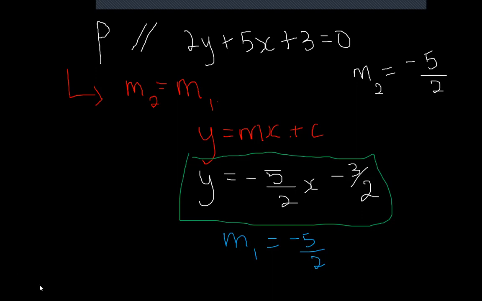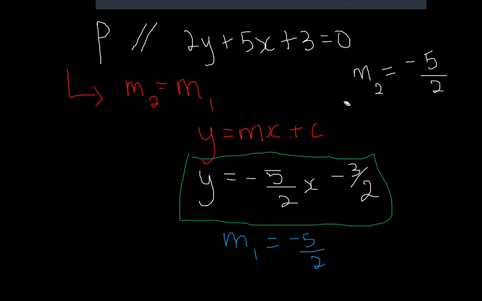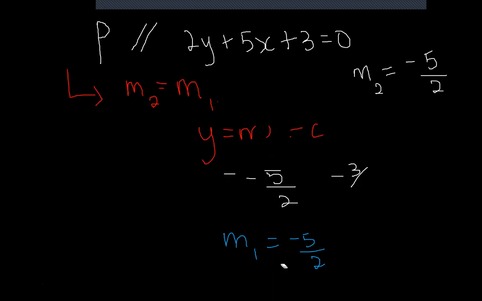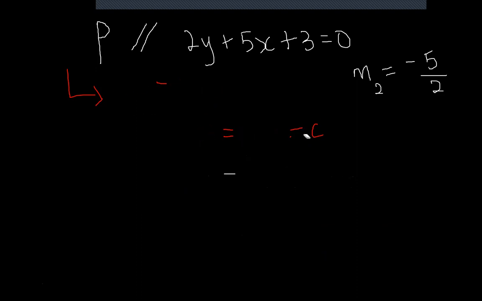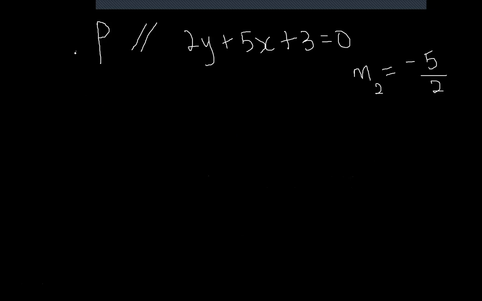And all we have to do now, gosh, I need to erase some of this. It's okay if I erase it, right? Yes, miss. All right. And they also told us that P passes through the point minus 2, 4.